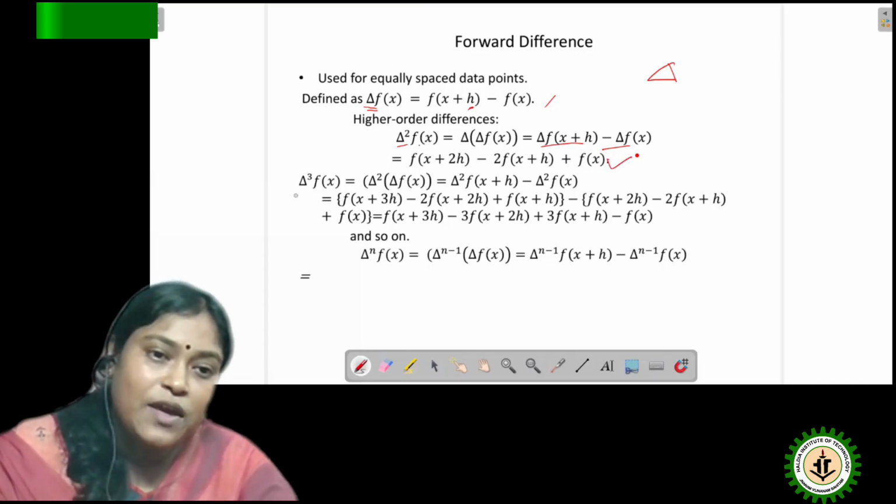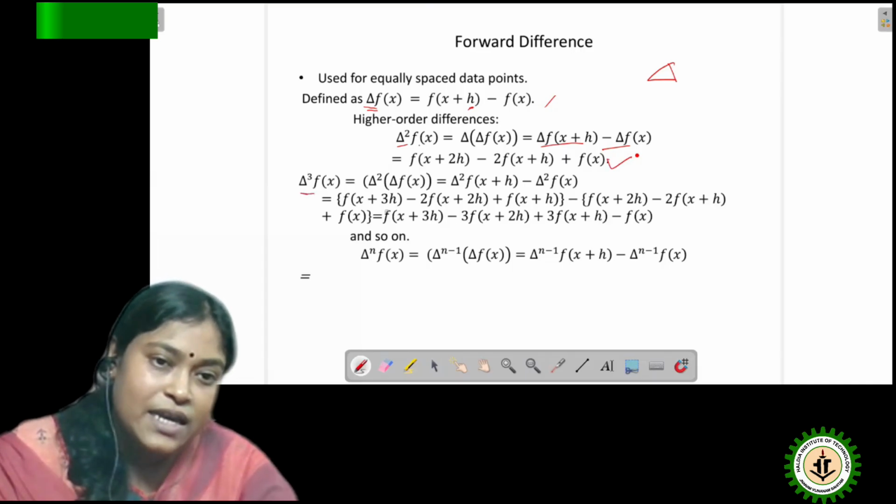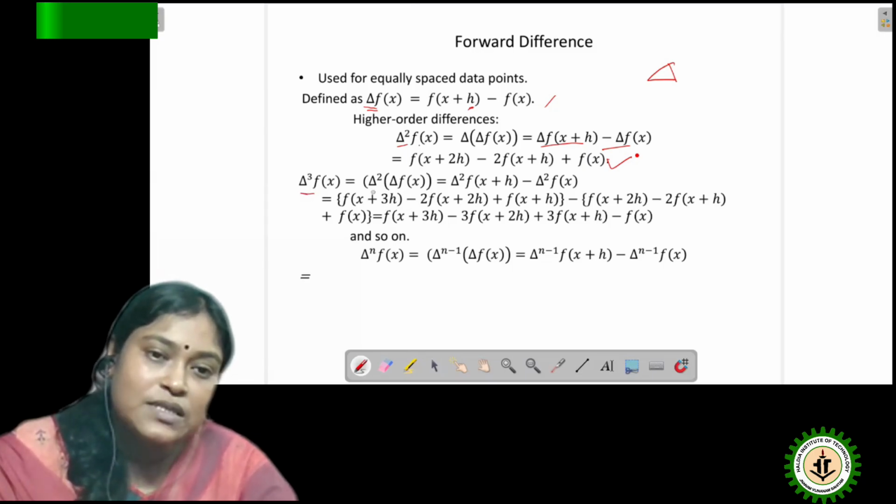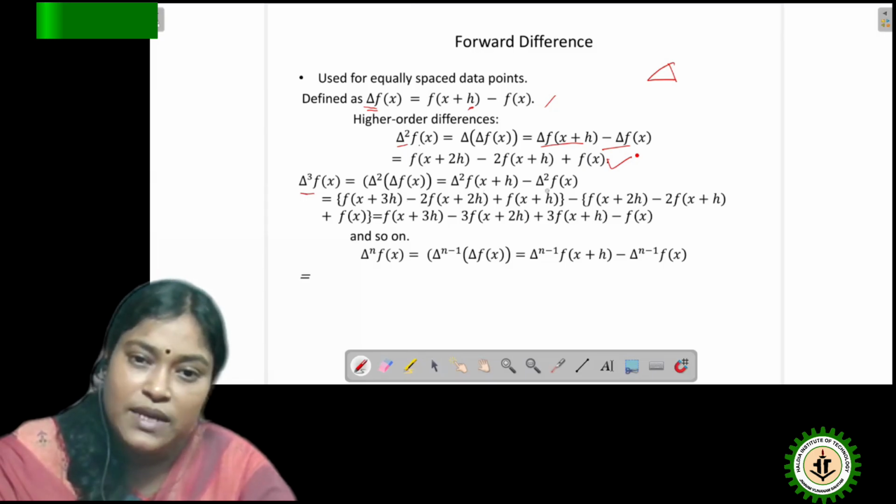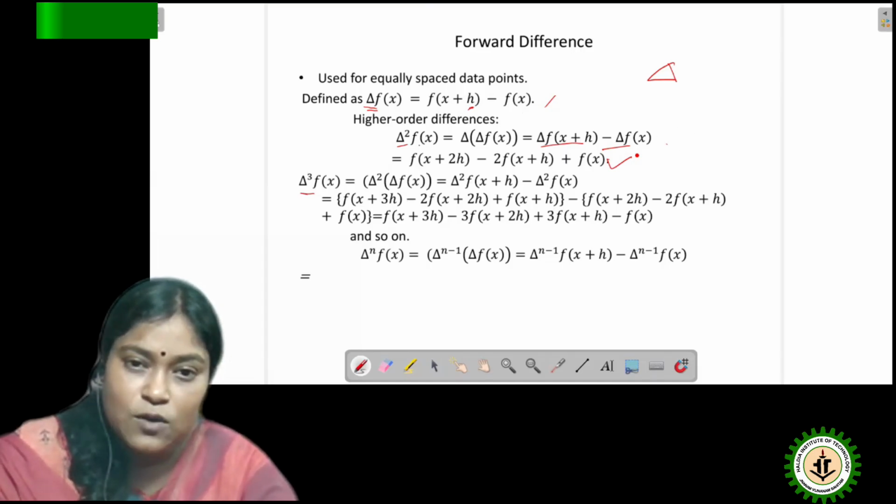Similarly, delta cube f(x) is nothing but delta square of delta f(x), which is delta square of f(x plus h) minus delta square of f(x), because delta f(x) is this value. After putting in the values of delta square f(x plus h) and delta square f(x) by using this definition, we will get this expression.